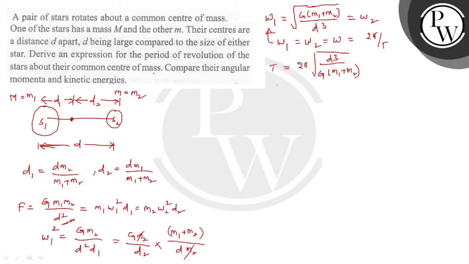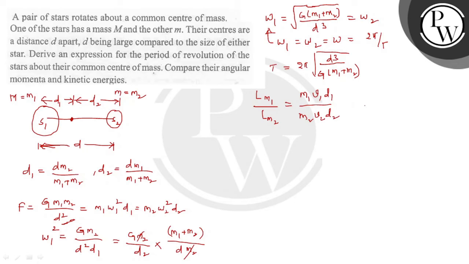So now what is angular momentum? The ratio of angular momentum with respect to m1 and m2 is m1 v1 d1 upon m2 v2 d2, is it not?